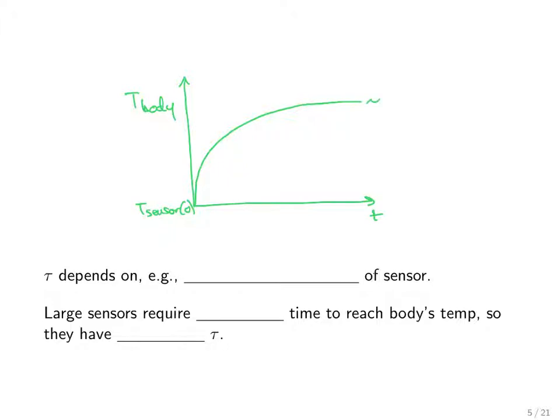So this function is 1 minus e to the minus t over tau, where this tau here is a time constant that depends on factors such as the size, mass, and the material that the transducer is made out of. Large sensors naturally require more time to reach the body's temperature, so they have a higher tau.